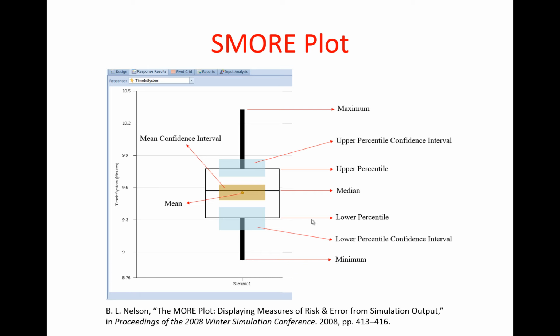And also you can see that it gives us information about the lower percentile value and upper percentile value, the median, and also it gives us information about the confidence interval over our lower percentile, the confidence interval over our mean value, and the confidence interval over our upper percentile value.